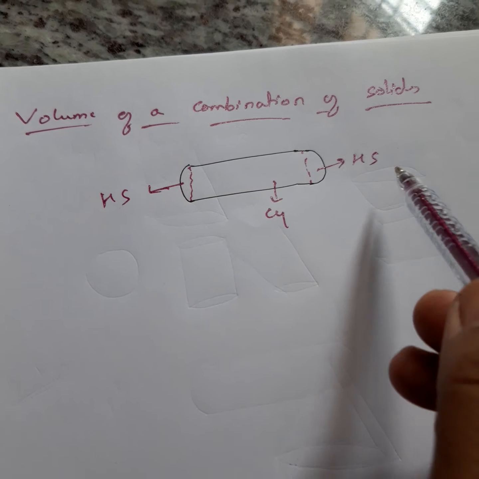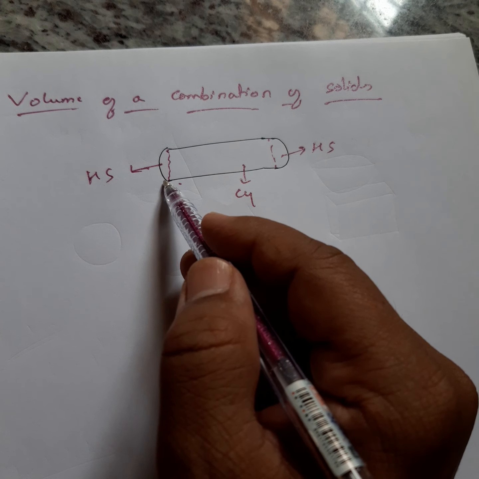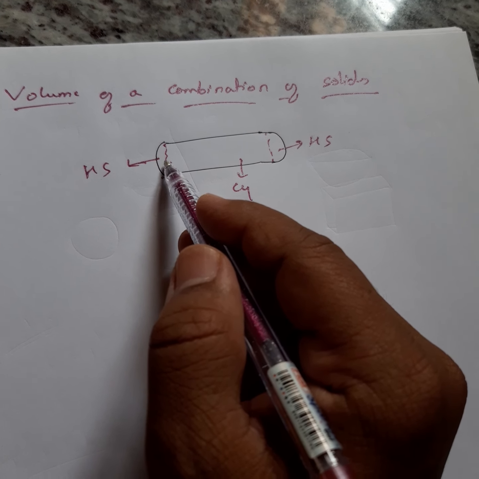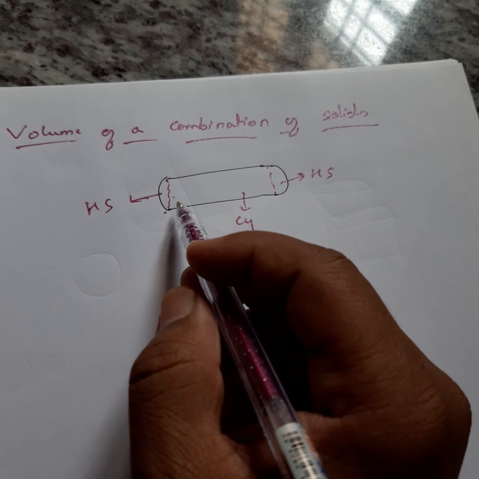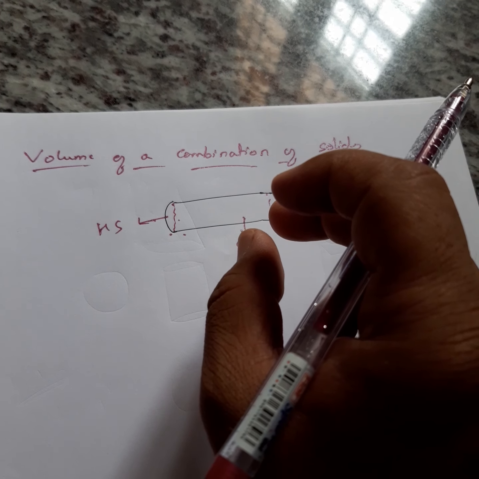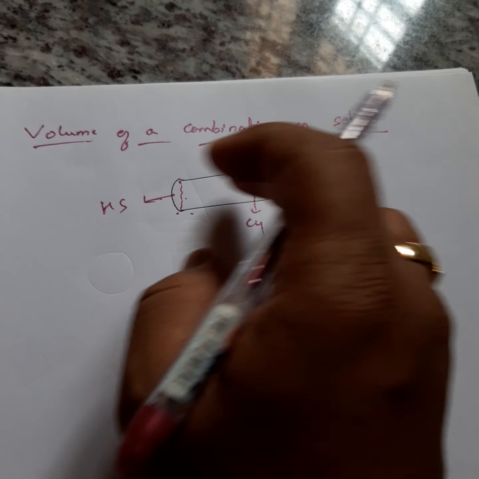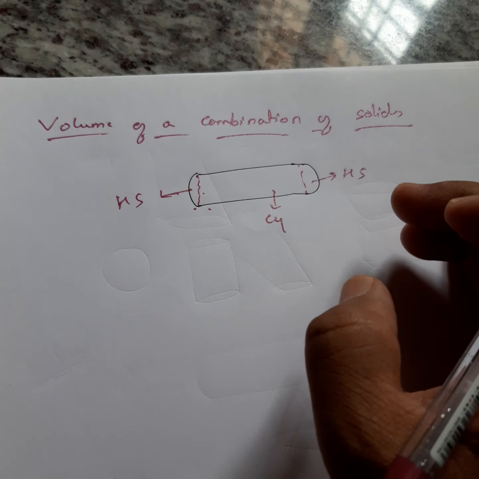When I want to find out the volume of this, remember all the circles of the cylinder as well as the hemispheres will be considered, because that particular part is present in the solid. If I want to fill water in this particular shape, then that circle is also getting filled up.